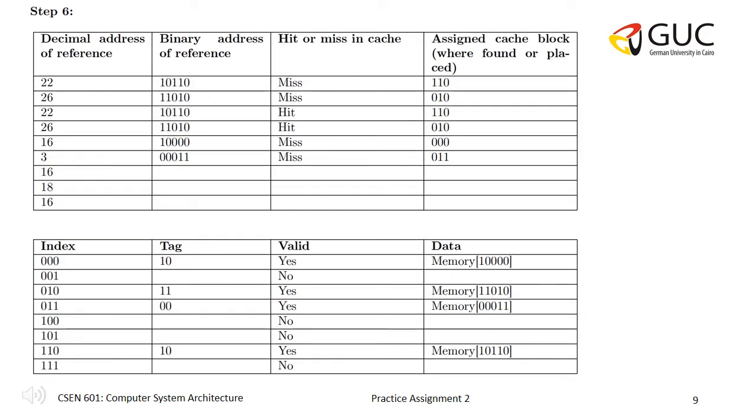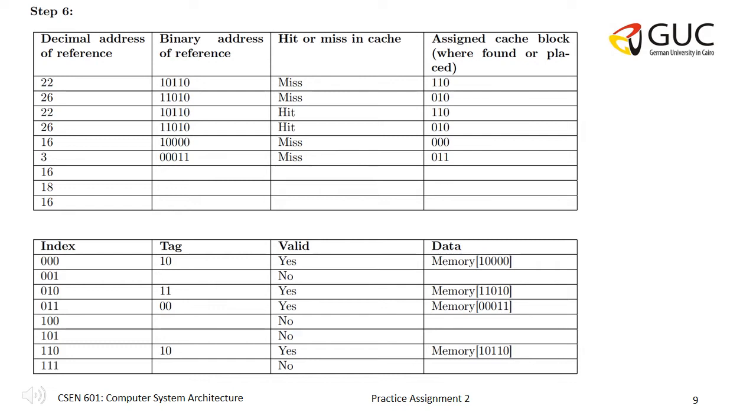For the next address, which is 3, we first convert it into binary as usual, which is 00011. So we take the 3 least significant bits to get the index, which is 011. We now go to block 011 in the cache. We will check first the valid bit.